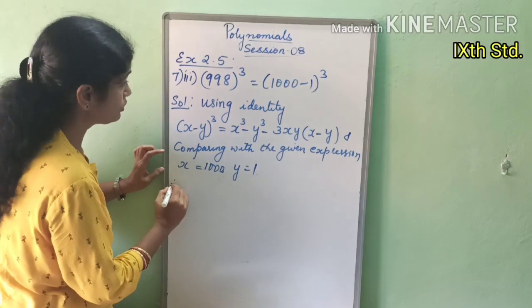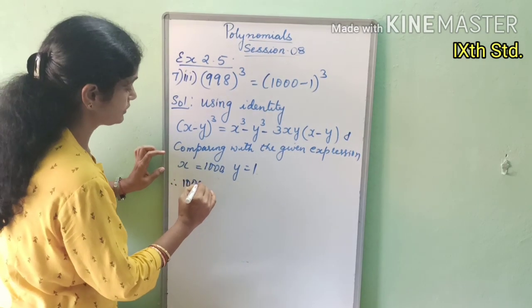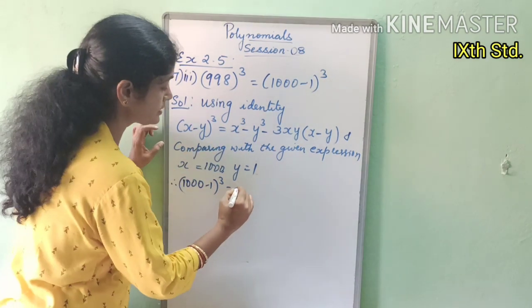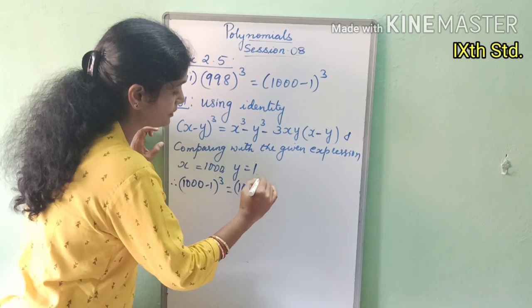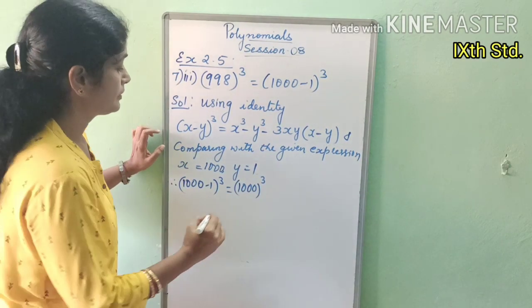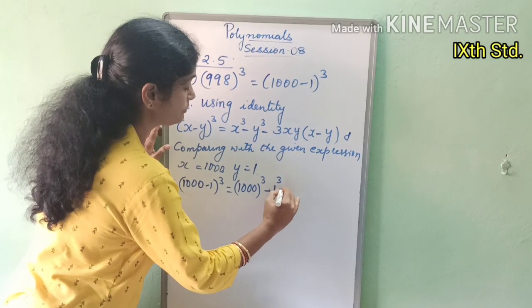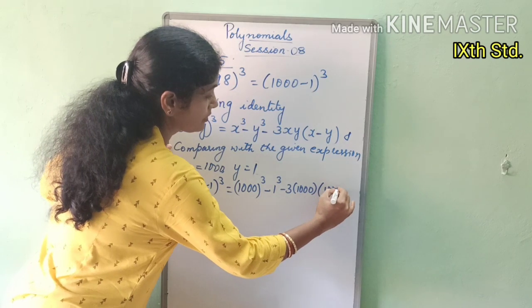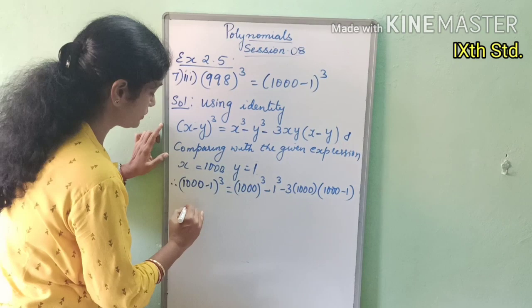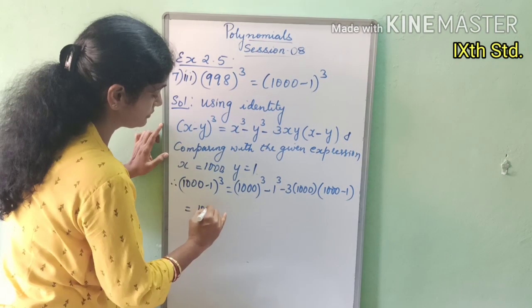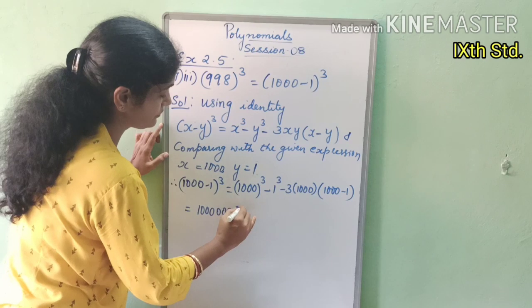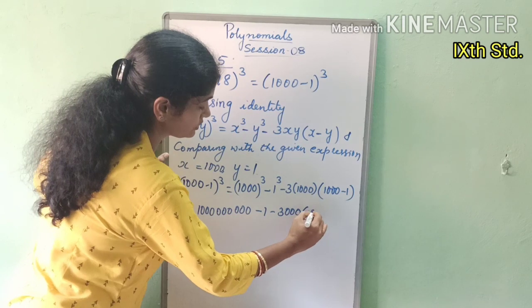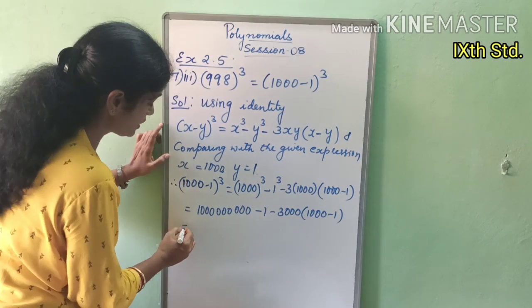Therefore 1000 minus 2 whole cube is equal to x cube, that is 1000 cube, minus 2 cube minus 3 into 1000 into 2 into 1000 minus 2. Be careful with the number of zeros.